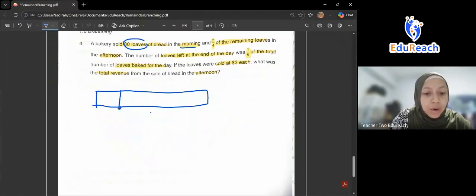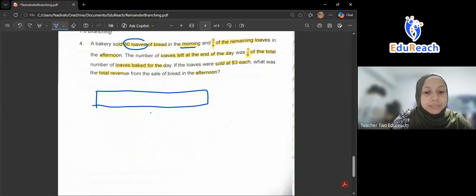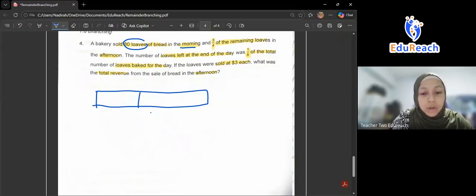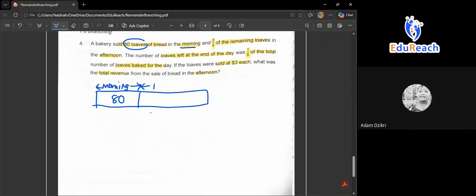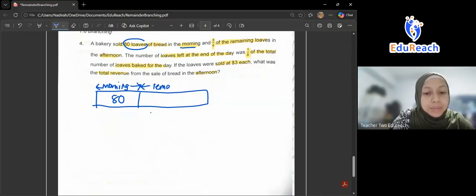So I cut off a bit, okay? Or you can cut off a lot, up to you, doesn't matter. You label it as 80 and you put morning. So if this is the morning that was sold, that means the second part must be the remaining loaves.